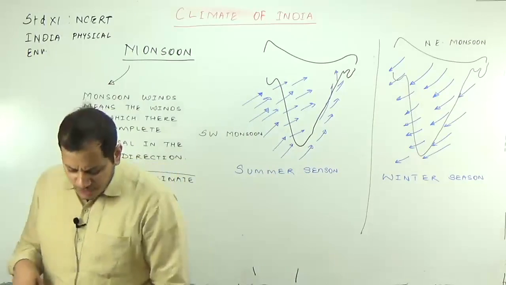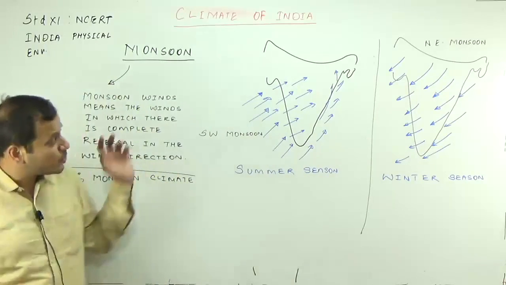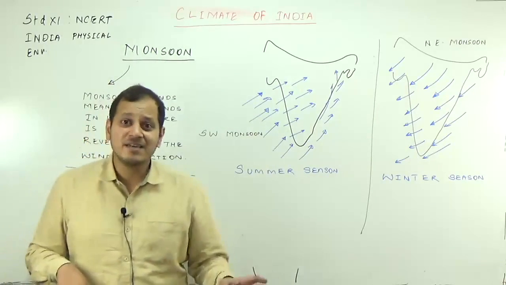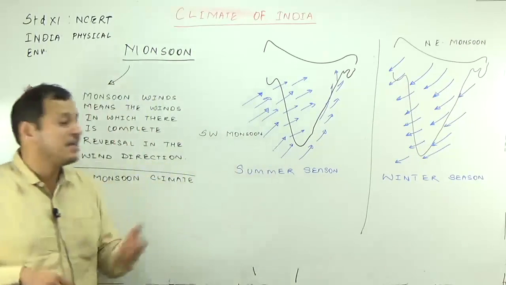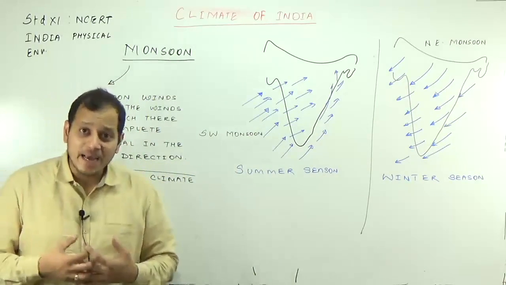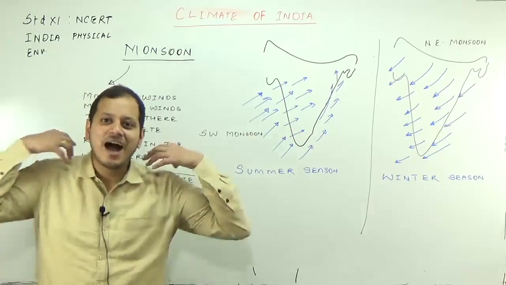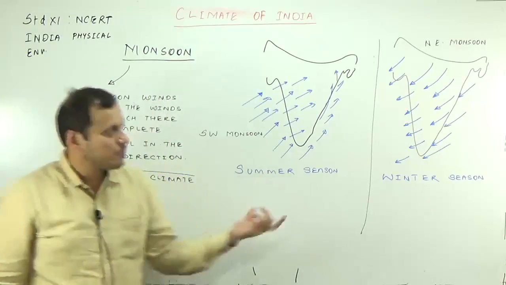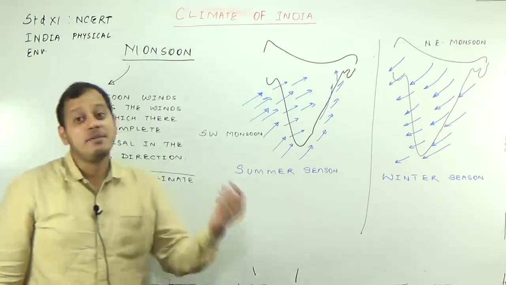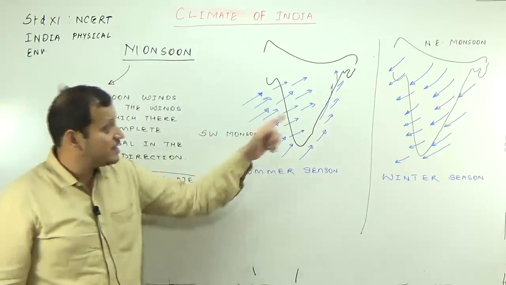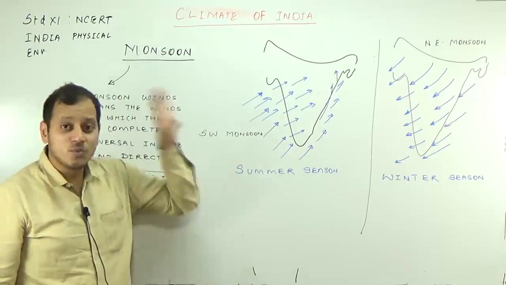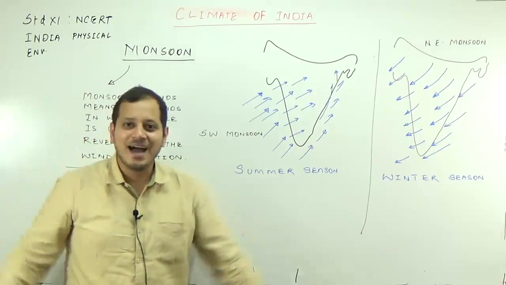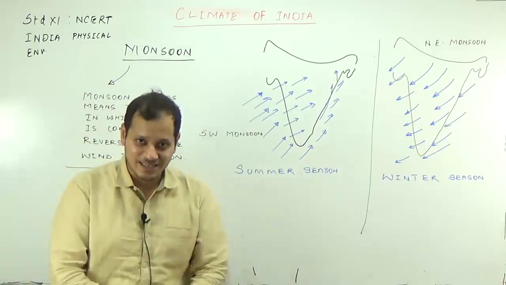So, why is this? It is also said that the Indian budget is a gamble in the hands of the monsoon. Why gamble? Because there is such a high variability of the monsoon type of climate that we cannot properly predict it, because for this seasonal reversal of winds to occur, there are numerous conditions in it.